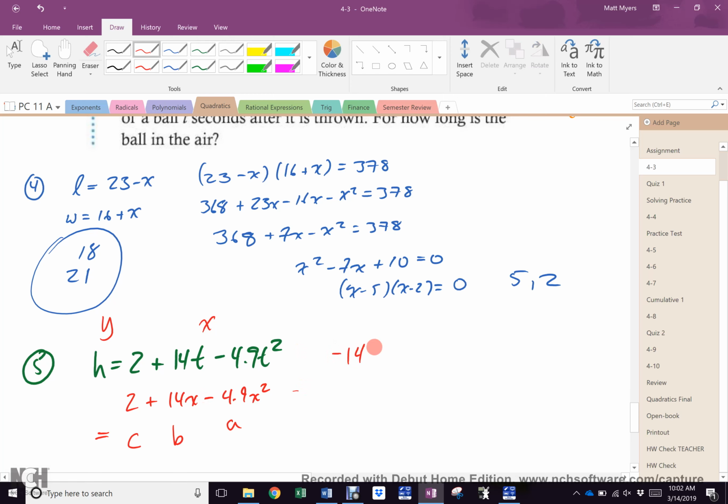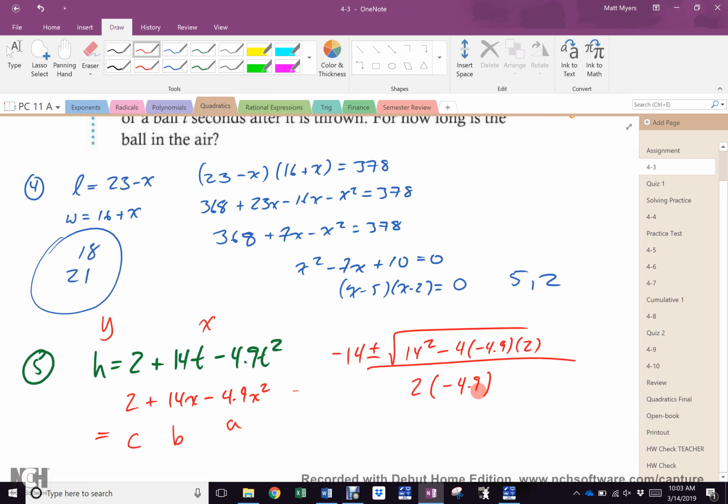Negative 14 plus or minus the root of 14 squared minus 4 times negative 4.9 times 2, all over 2 times what? Negative 4.9. Barf! Doable? Absolutely, but ugly.